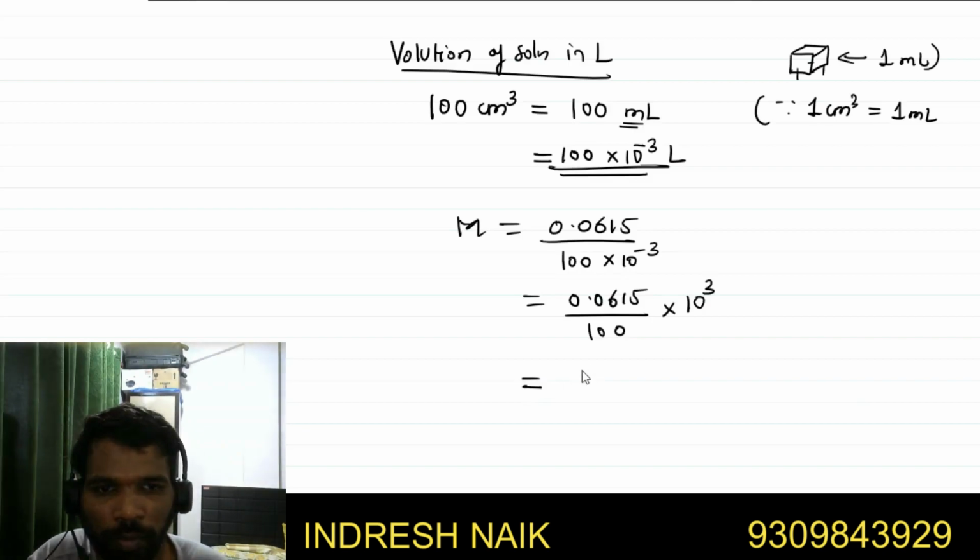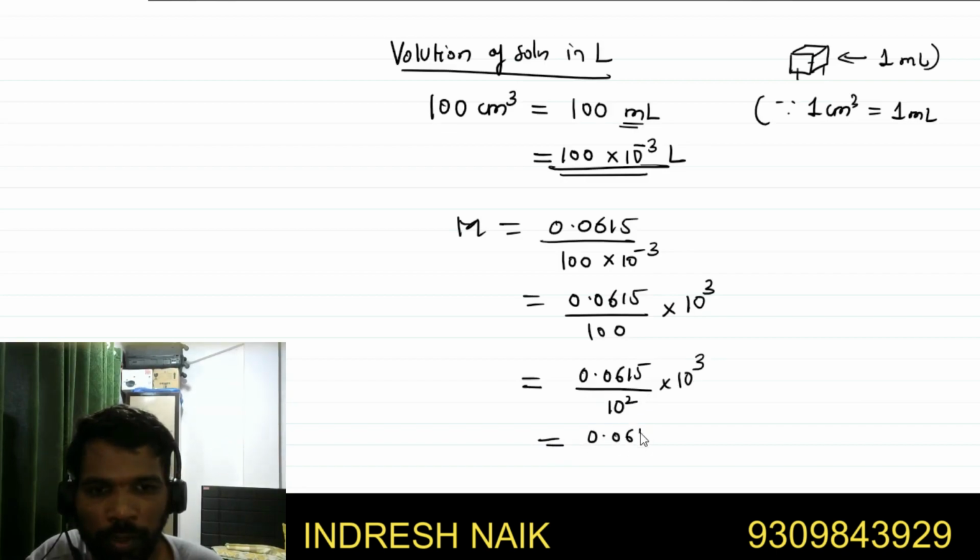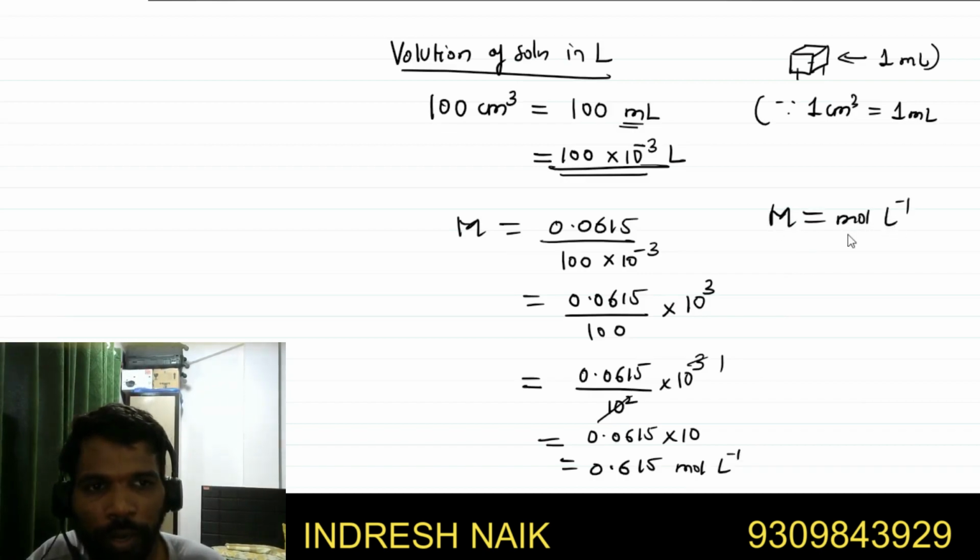So this is 0.0615 into 10 raised to 3 upon 10 raised to 2, and the powers of 10 cancel out, leaving 0.615 molar. The unit capital M means moles per liter.